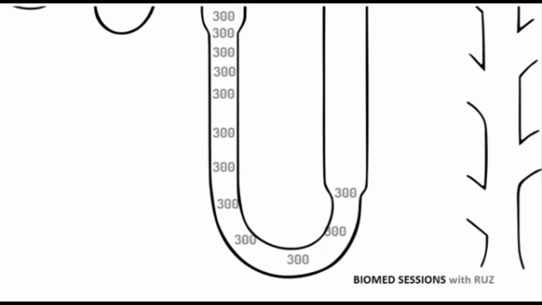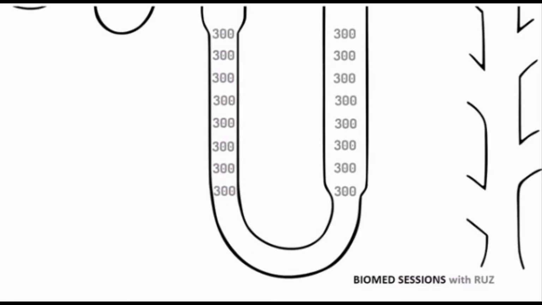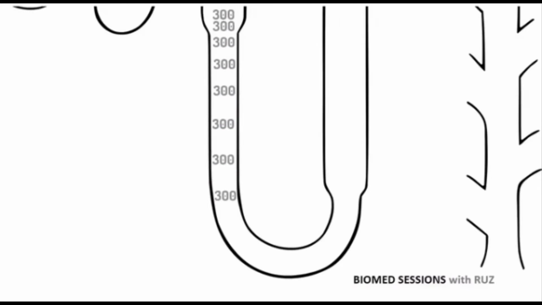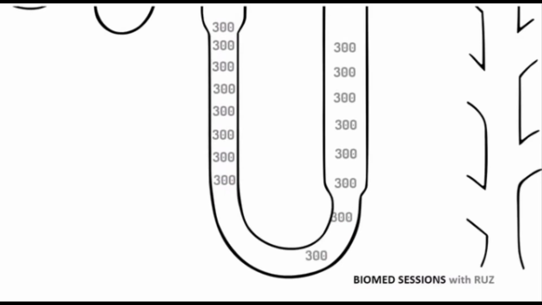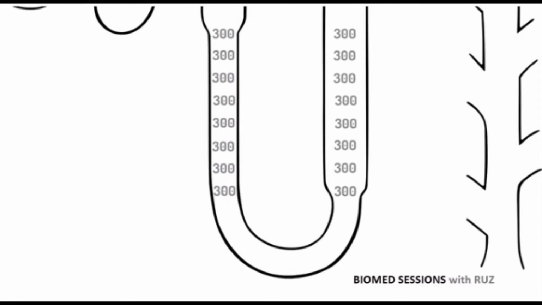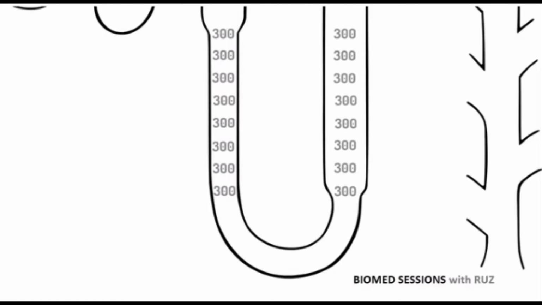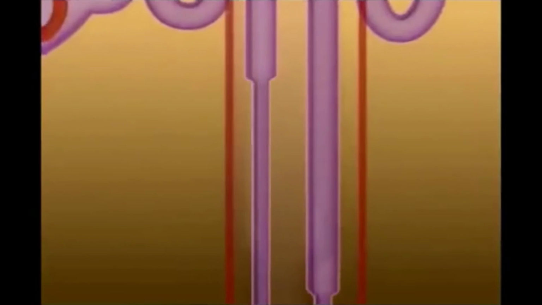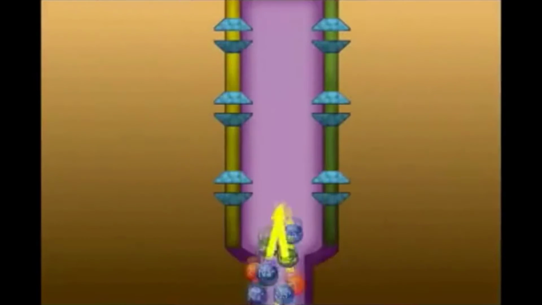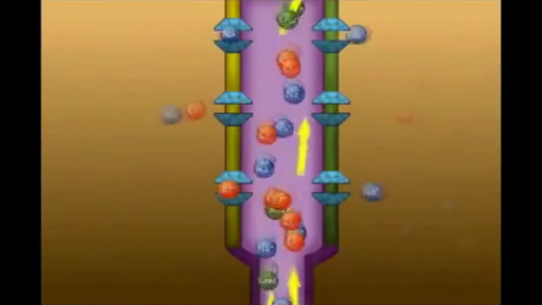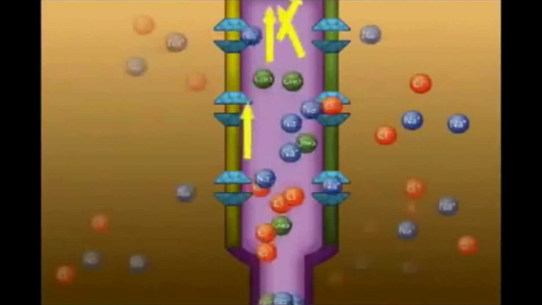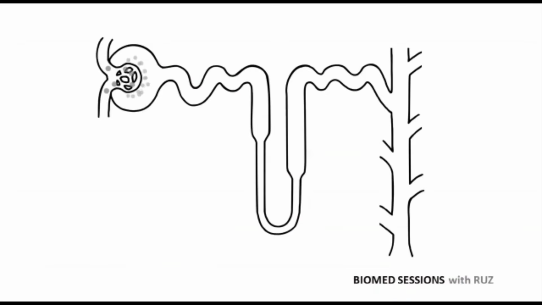Now the countercurrent multiplier mechanism in the loop of Henle. It is an energy driven process that generates an osmotic gradient along certain sections of the renal tubule, that is, the Henle's loop, the DCT and the collecting duct. The loop of Henle is bathed in the hypertonic interstitial fluid in the medulla.